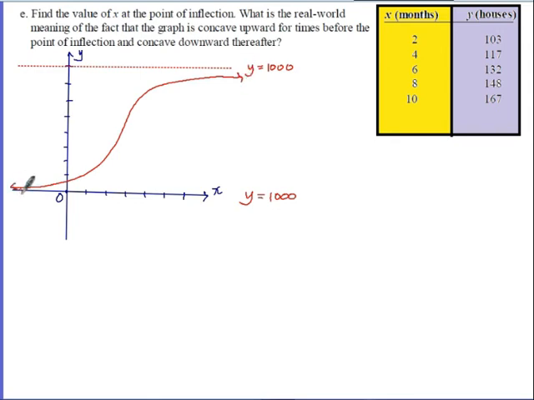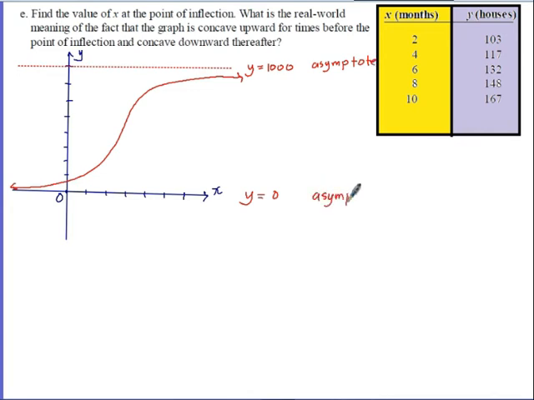It has a lower bound. Why is my lower bound 1000? This is supposed to be 0. And my upper bound is y equals 1000. And this is my asymptote, my upper asymptote and my lower asymptote.